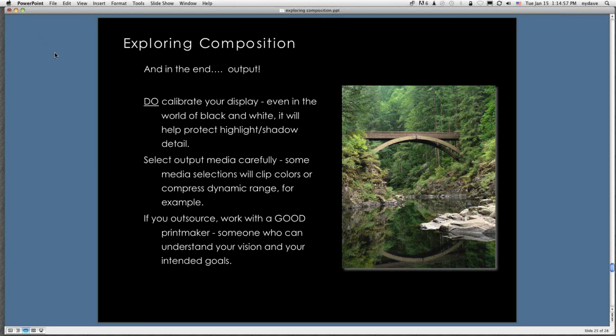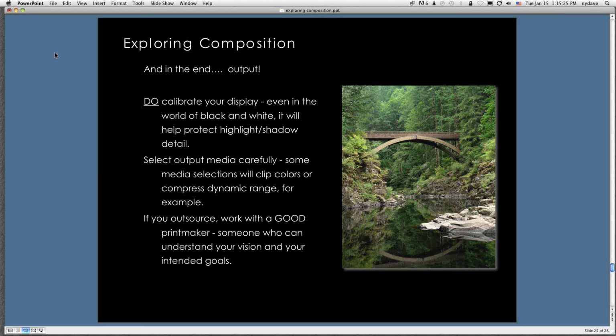There's thousands and thousands of choices out there, and of course the way you make the print also affects these elements. If you do outsource, work with a good printmaker and someone who's experienced, who can understand your vision and your intended goals. You know, I'm a printmaker. Of course, digital silver imaging, one of the things that I particularly appreciate about Eric Luden and his staff is that they do this.